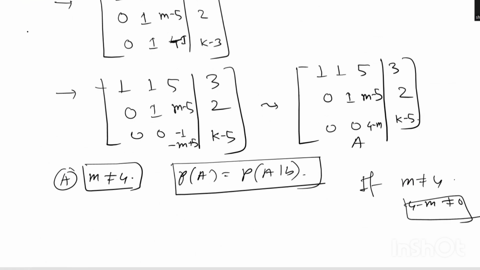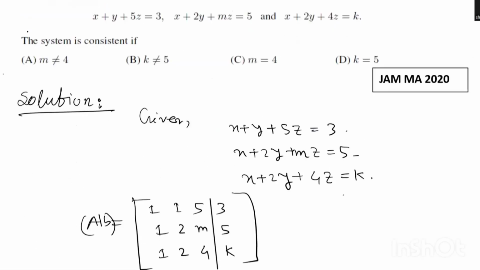So the rank of A is 3, because there are three non-zero rows, and the rank of the augmented matrix is also 3. In this case we have a unique solution, so the system is consistent. So option A is true.